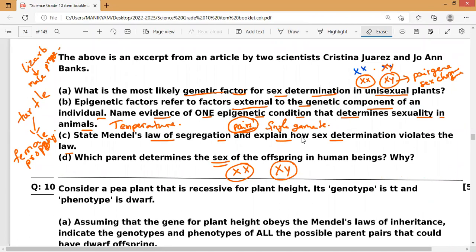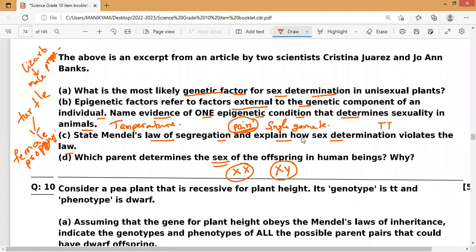So as I told you, for a recessive gene we need a pair of genes; small t is the only one which is causing the dwarf plant. But if you have taken tall plants, we can get two possibilities of gametes. What are the two possibilities of a pair of genes, everybody?